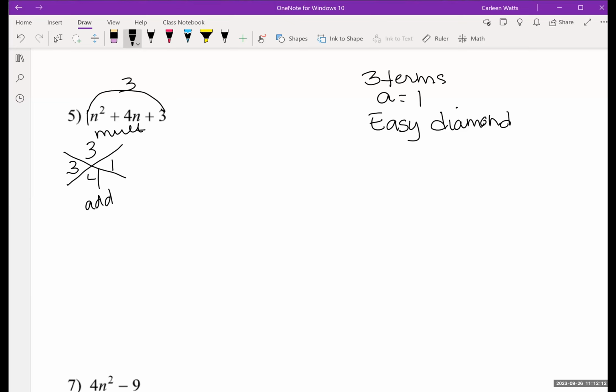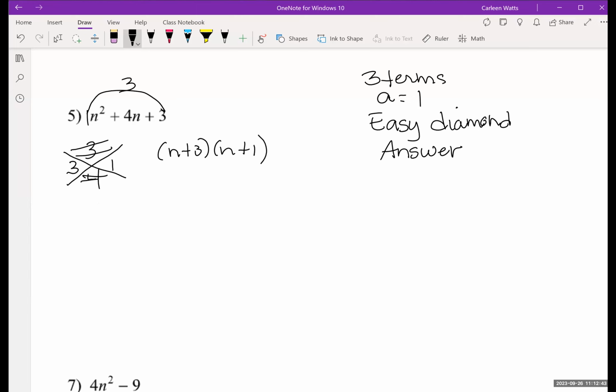You with me? Okay. So easy diamond. We do the diamond and we go straight to the answer because A equals 1. So done with these. The answer is n plus 3, n plus 1.